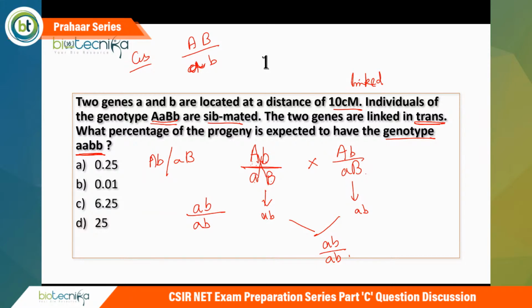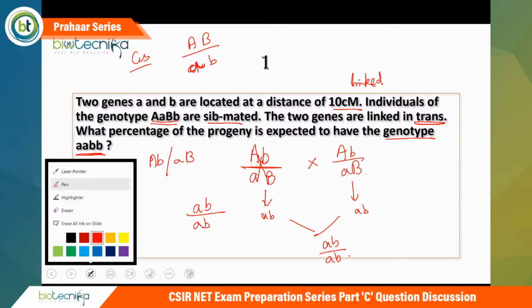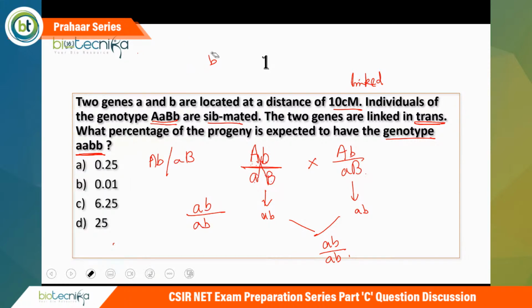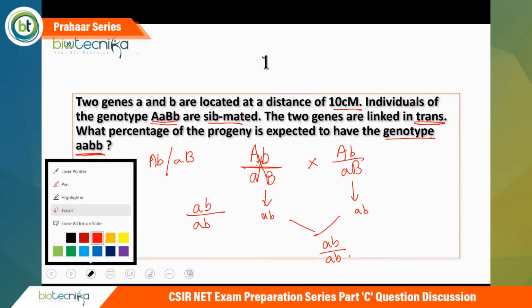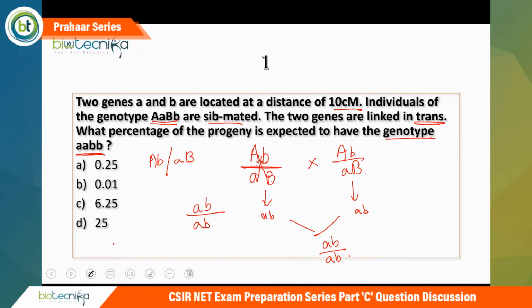Now, what is this 10 centimorgan? 10 centimorgan is the distance between the genes. This distance between the genes is about the recombination frequency. One percent recombination frequency is equal to 1 centimorgan. So if there is a 10 centimorgan distance between the genes, that means the recombination frequency between these two genes is 10%.